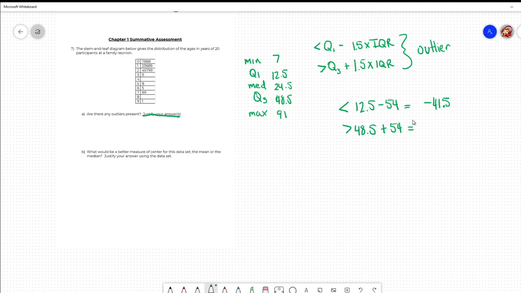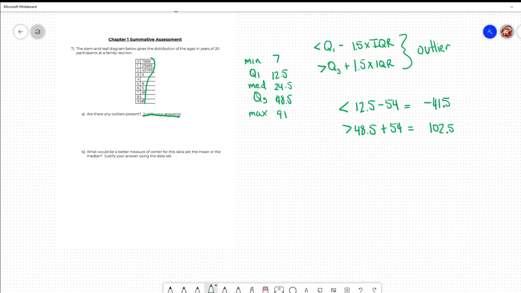Now on the other end of the scale, 48.5 plus 54, they'd have to be a centenarian to be considered an outlier. So our 91, even though it's out here and does cause a bit of a right skew in the data, if I'm looking at it sideways, so if I turn my head clockwise 90 degrees, I kind of see this skew to the data.